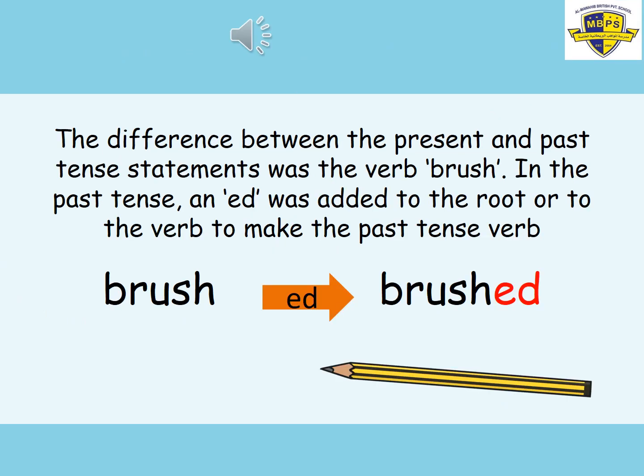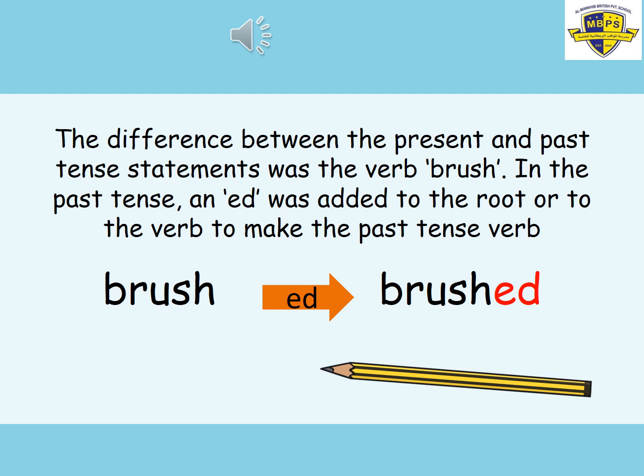As I told you, KG2, the difference between the present and the past tense statements was the verb brush. In the past tense, an ed was added to the root or to the verb. Root means the verb, to make the past tense verb. So the sentence, the one that was in the present, the verb doesn't have anything at the end.